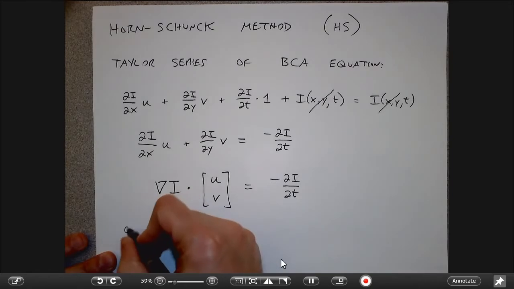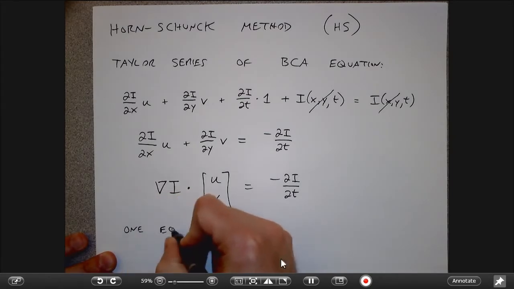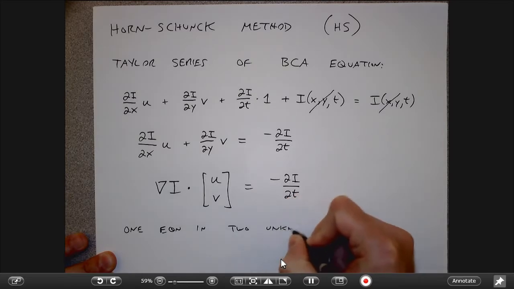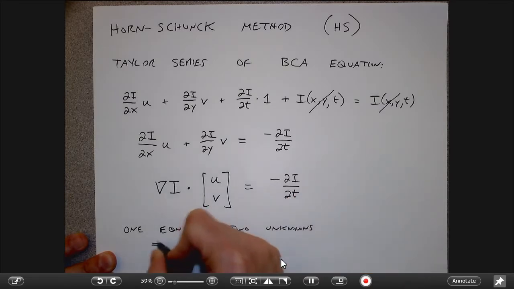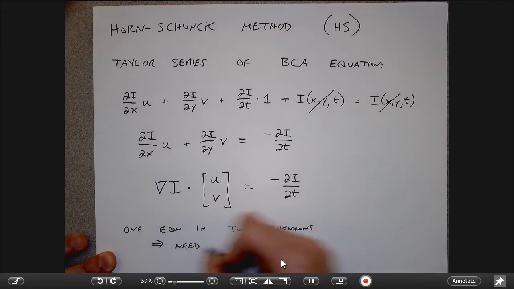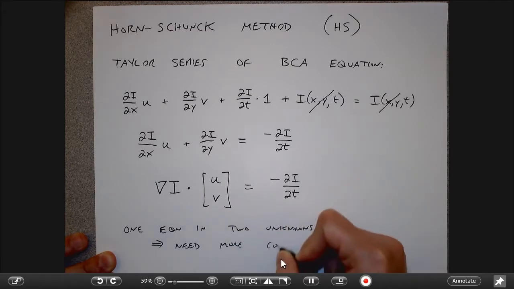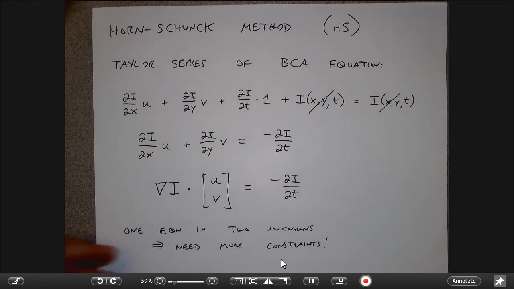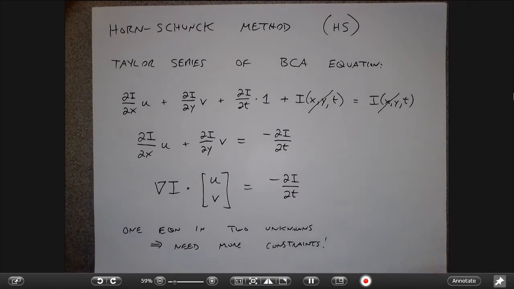So this is only one equation in two unknowns, and that means I need more constraints. That's like saying that the brightness constancy assumption, that colors don't change, is not enough for me to estimate the entire flow.